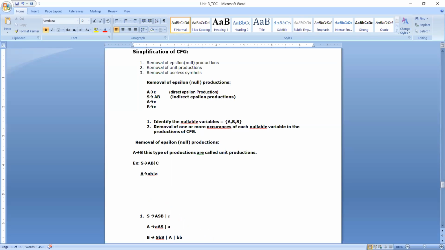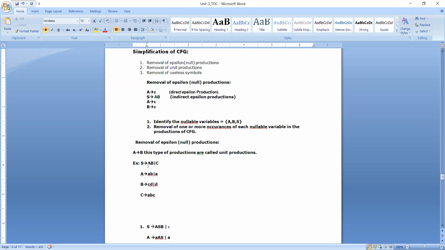And we have a production B derives to small cd or d. And we have a production called C derives to ABC.